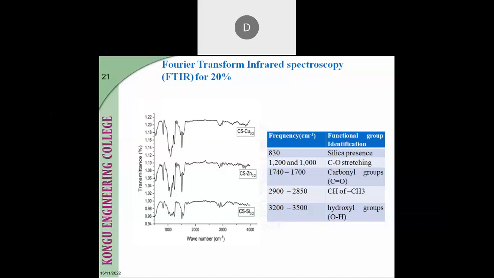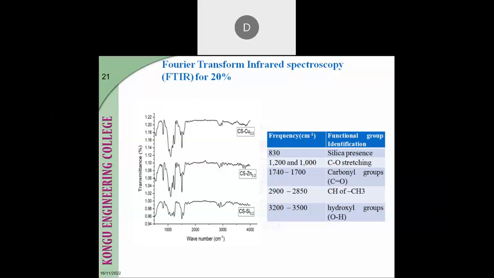And this shows the FTIR spectra for the metal mixed activated carbon from zinc and silica and carbon samples. The FTIR spectra show that the bands for OH, the hydroxyl groups, are at 3200 to 3500 centimeter inverse.